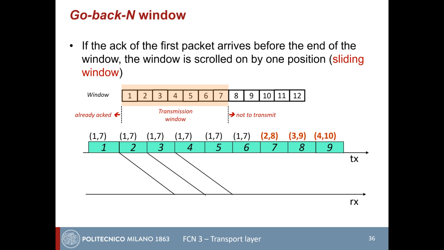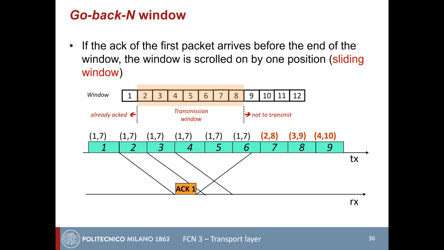So the transmitter starts sending the packets. What happens when the transmitter receives back the first ACK? That occurs in this instant here. When the window position is from 1 to 7, the transmitter, while waiting for ACK number 1, went on transmitting packets 2, 3, 4, 5, and 6. While it is transmitting packet number 6, the transmitter receives the ACK on packet number 1.